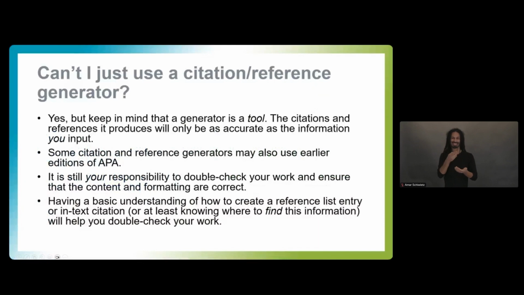The citations and references it produces will only be as accurate as the information you input or that it's able to identify. Some generators may also use different editions of APA, so you want to make sure that it is using the 7th edition of APA.